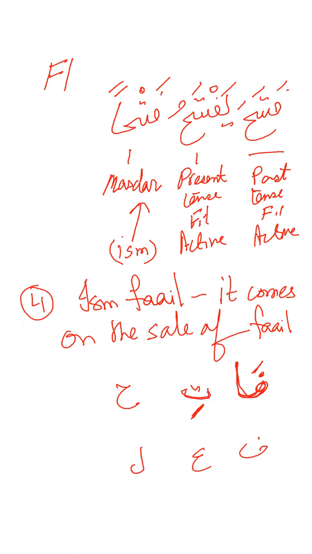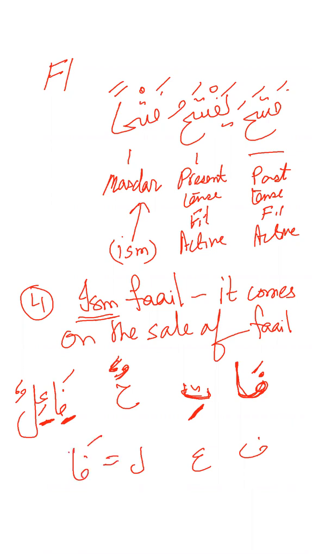So fa'ilun is the wazn we have to follow. So ta will get a kasra. Fa has a fatha and an alif, then ain has a kasra, and because it's an ism, ha gets the tanween, two dhammas. So what do we end up with? Fatihun. Exactly, this is our isme fa'il.